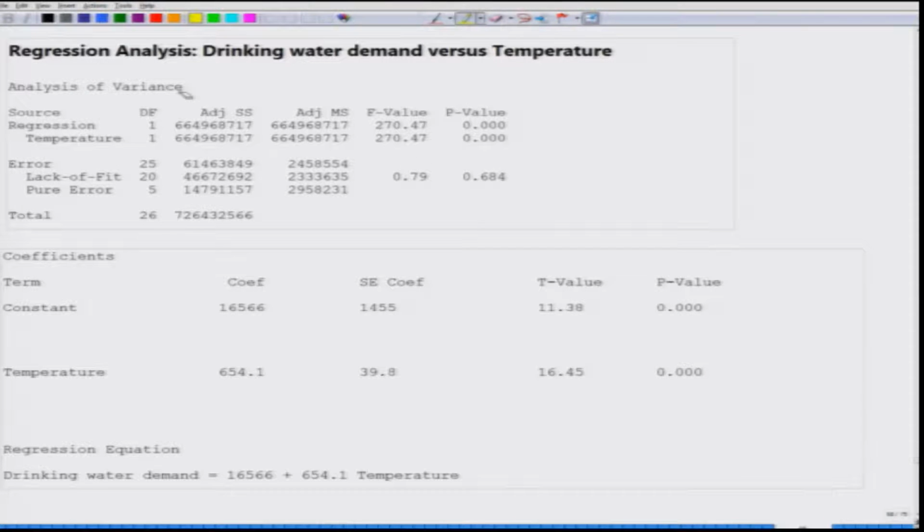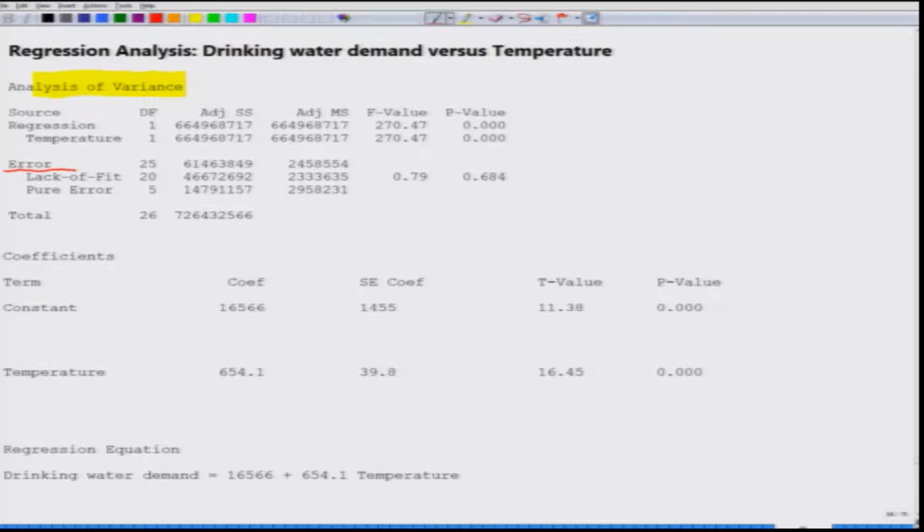So here is the outcome of the regression analysis provided by the Minitab software. First of all, the first thing given here is the analysis of variance. At this moment we have not yet studied the analysis of variance, but I considered it because I wanted to show you this line here, error.